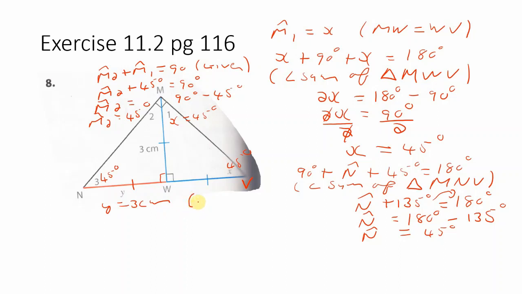The reason being that triangle MNW is the mirror image of triangle MWV.